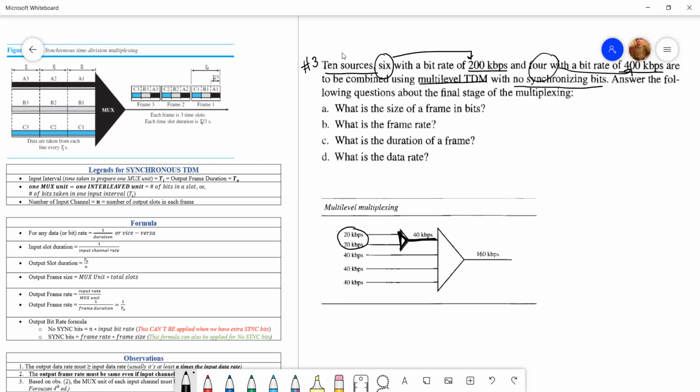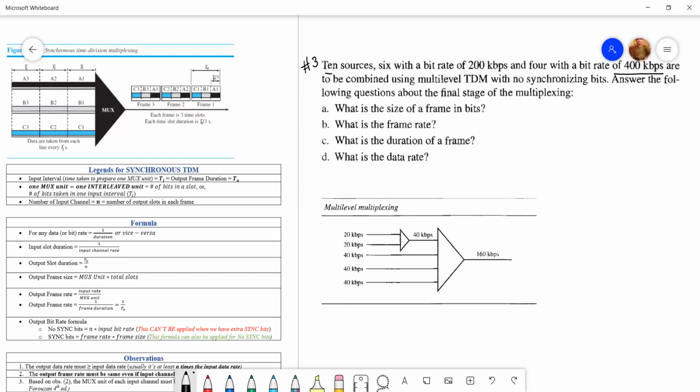That would be possible, but they are saying that you have to use multi-level TDM, meaning that you have to combine the lower channels into the greater channels.